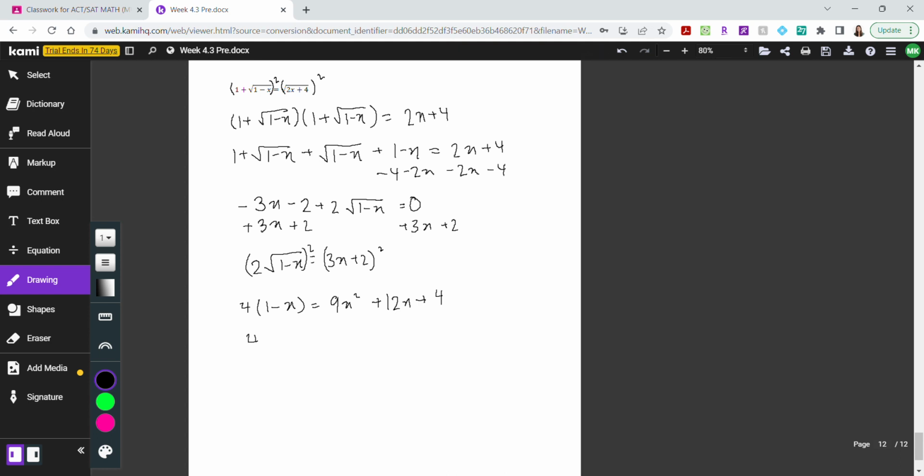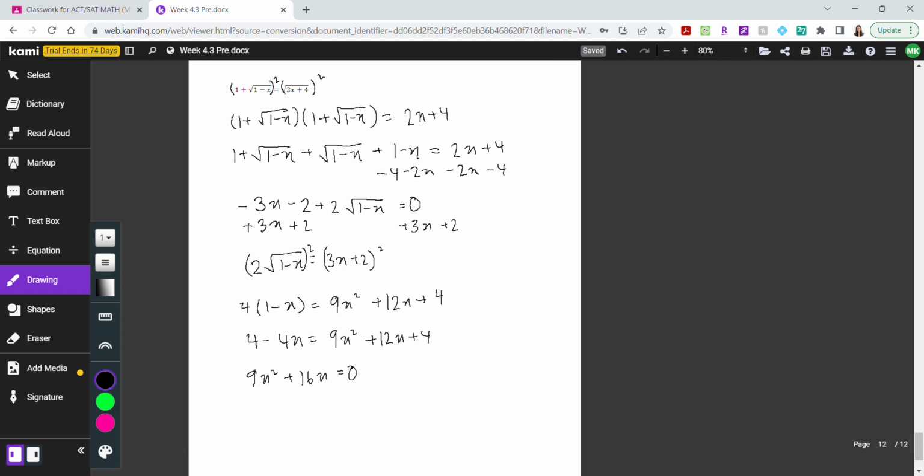Distribute this. 4 minus 4x equals 9x squared plus 12x plus 4. Let's group the like terms all onto one side. So let's see, I'm going to bring it this side. So we have 9x squared plus 16x equals 0.